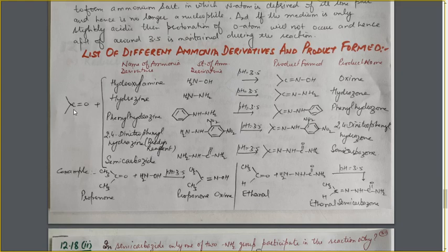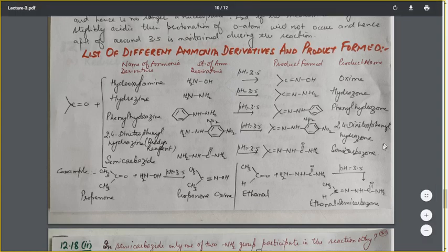And what is the product? O will combine with H2 to form 2,4-dinitrophenylhydrazone. We have seen here that in all the cases the zine becomes zone: hydrazine, hydrazone; 2,4-dinitrophenylhydrazine, 2,4-dinitrophenylhydrazone; semicarbazide, semicarbazone.